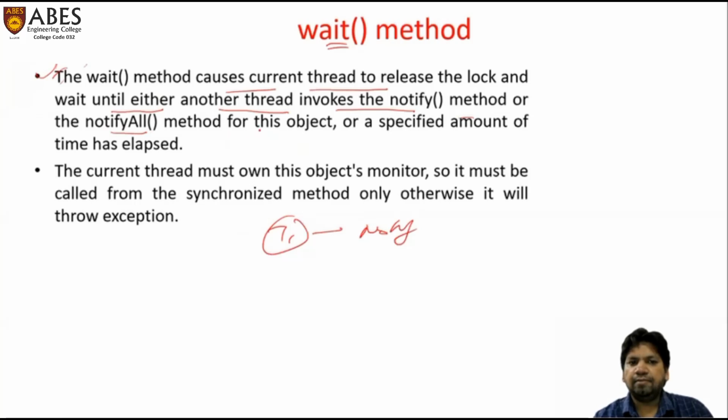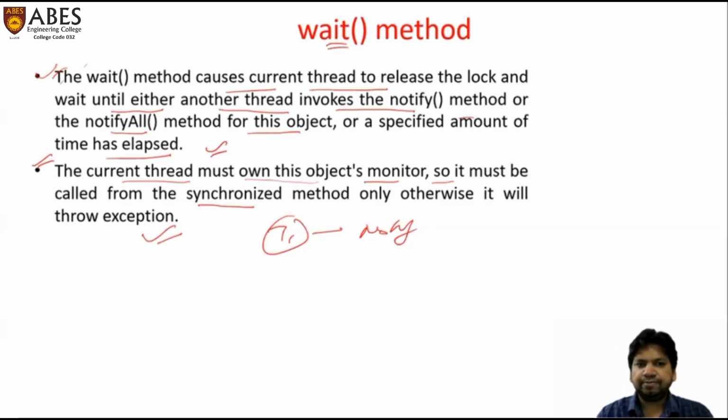Second, the current thread must own the object's monitor, so it must be called from a synchronized method, otherwise it will throw an exception. Wait का मतलब हमारे पास क्या है कि thread should release the lock and wait until another thread invokes the notify method. This is called the wait method.